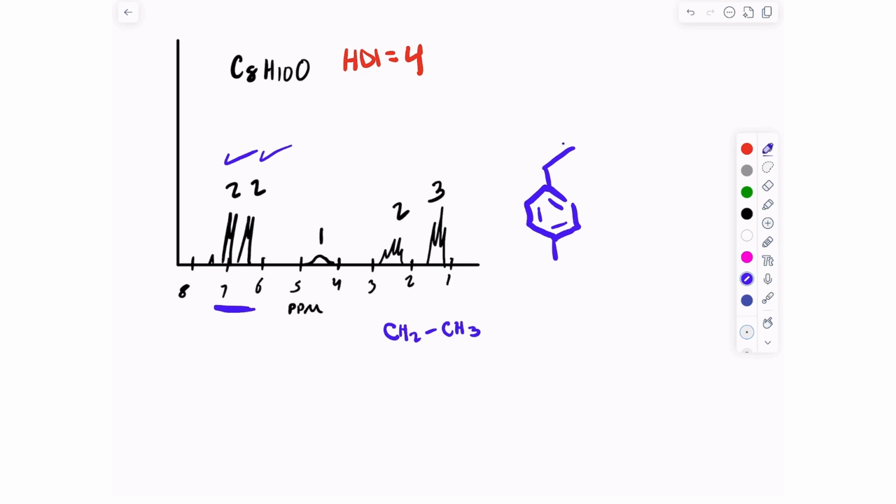And now we've used 1, 2, 3, 4, 5, 6, 7, 8 carbons, and 1, 2, 3, 4, 5, 6, 7, 8, 9 hydrogens. So all we have left is 1 hydrogen, 1 oxygen, which would give us an alcohol. So the end of this is an alcohol. So this compound would look like this.